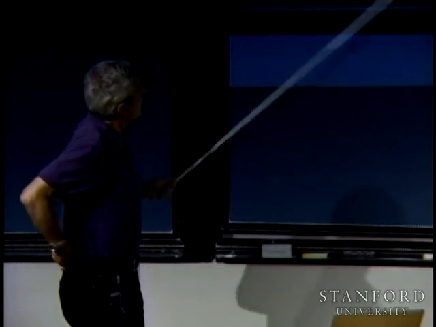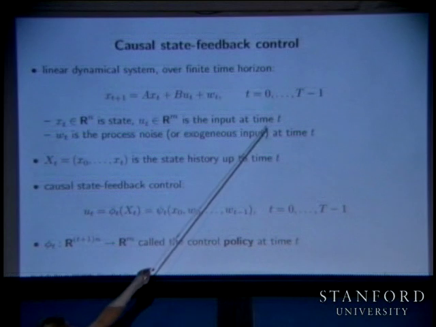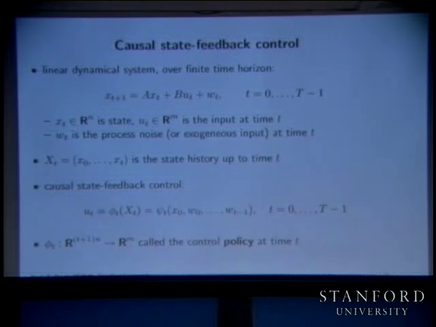Now, these functions are called the policy at time t, and the policy would be a collection of these functions. We're just going to consider the finite horizon one. You can easily consider the infinite horizon version. There are a couple of important things to say about this.